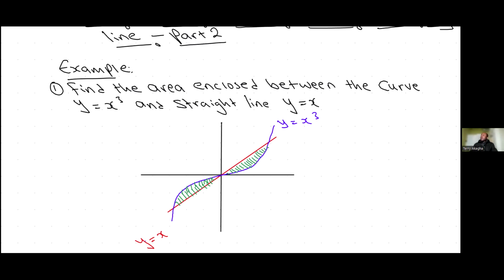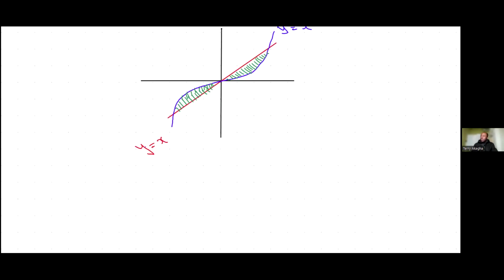So the first step, I told you, step one, is that at point of intersection, y1 is equal to y2.